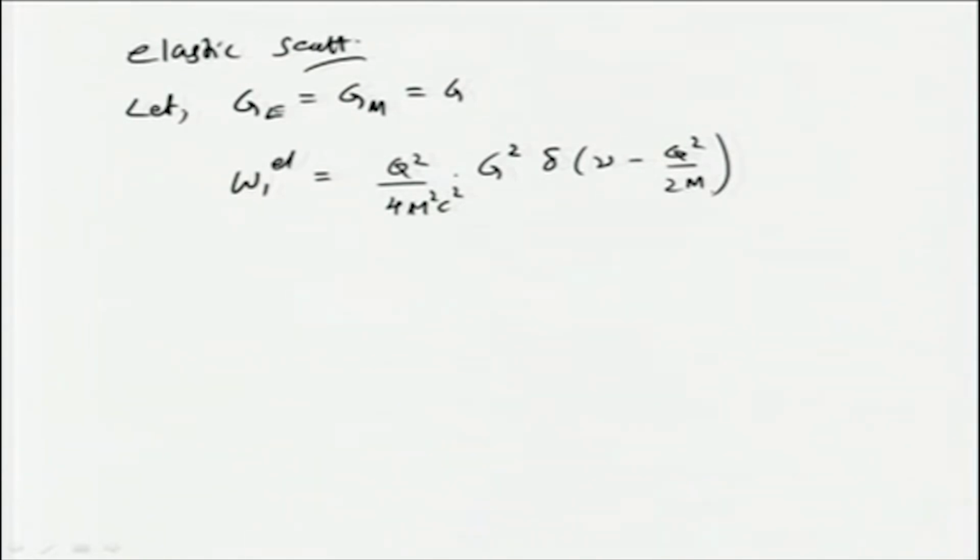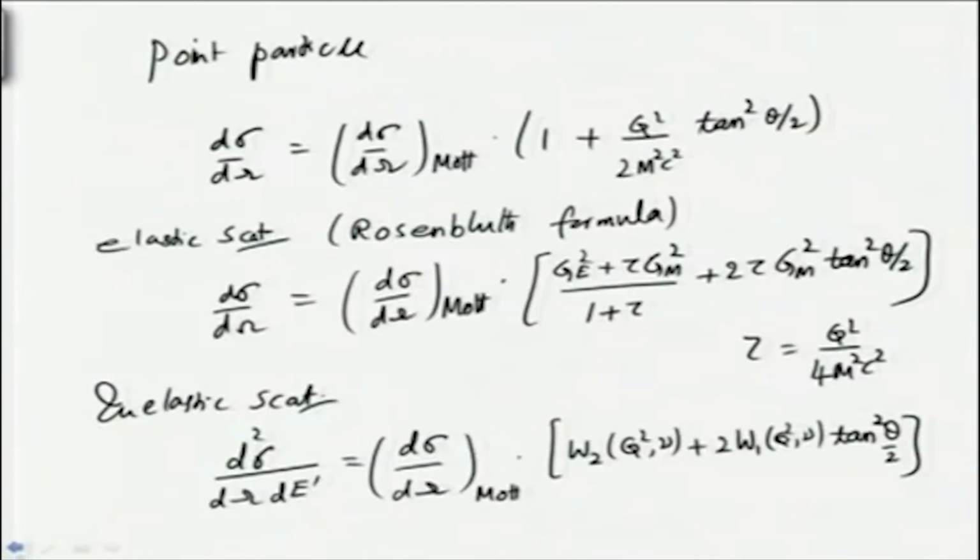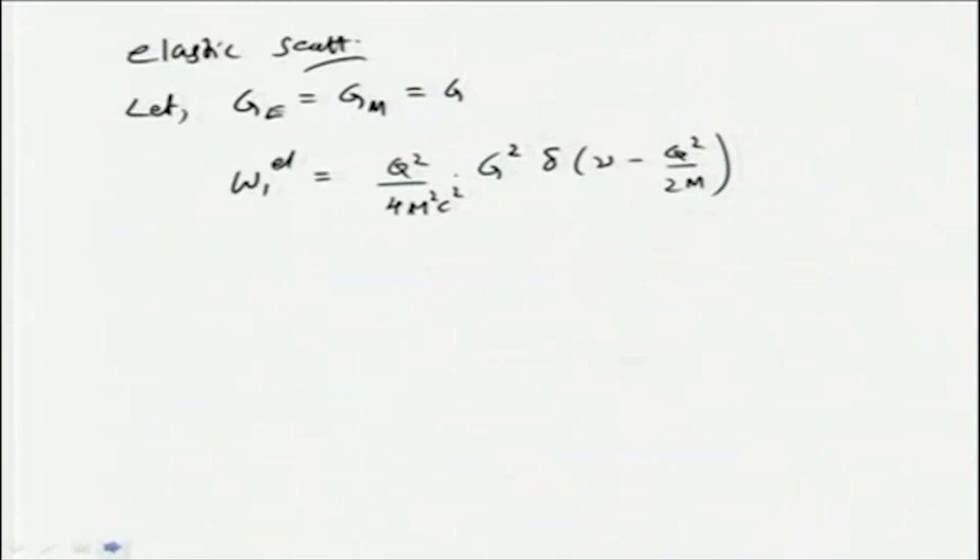So, that is what we have done. We have taken this expression, and that 1 over 1 plus τ in the Rosenbluth expression is cancelled by the 1 plus τ times G_E² coming from the numerator when G_E is equal to G_M. And then W₂ elastic is equal to G² δ(ν − q²/2m).